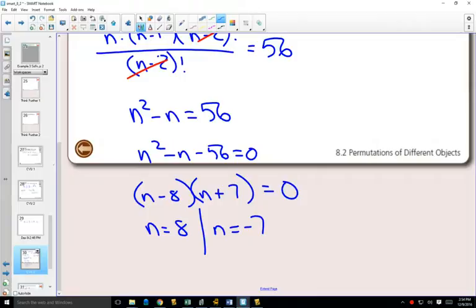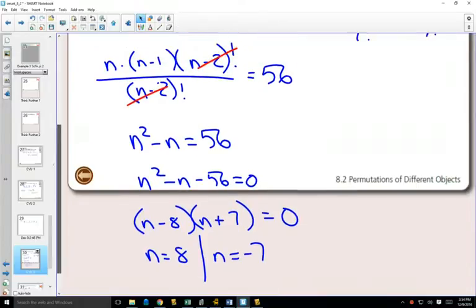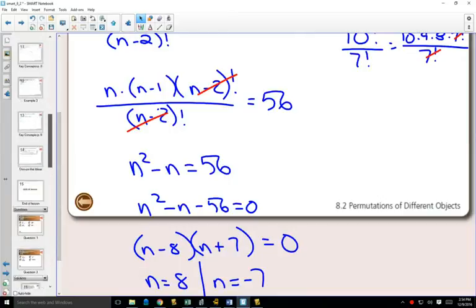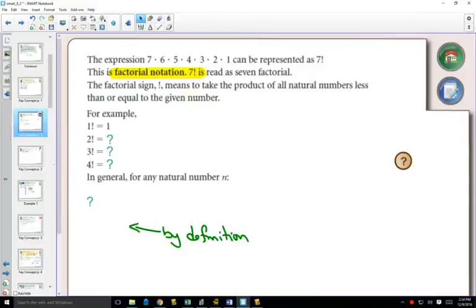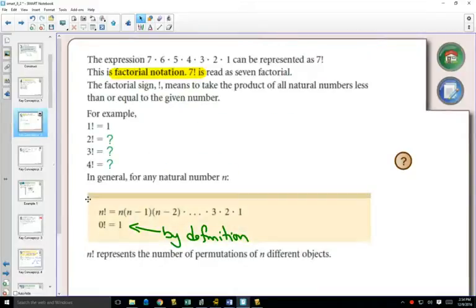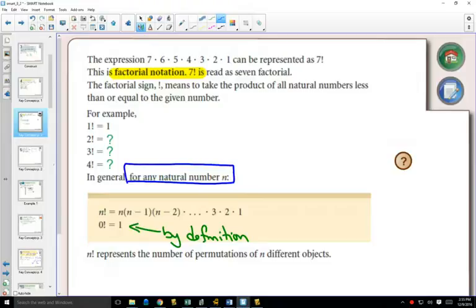And if we go back to our definition of a factorial and pay attention to it a little bit more than we did the first time that we saw it. For any natural number n, we skimmed over that the first time we saw that. What does a natural number n mean?